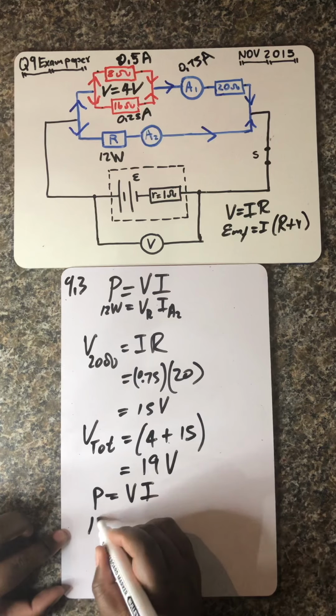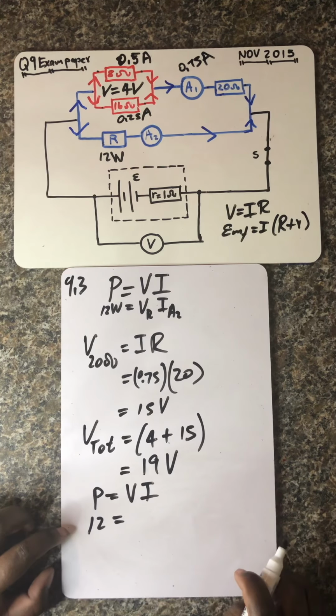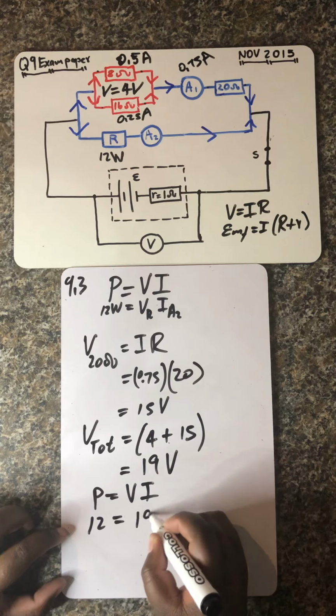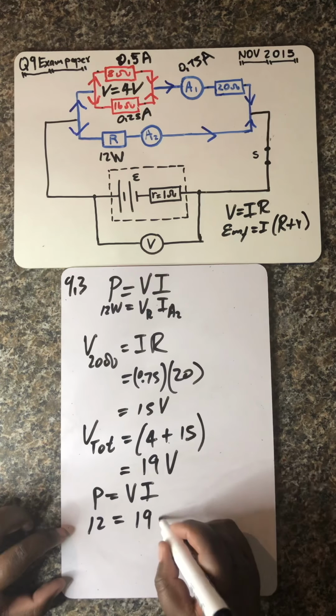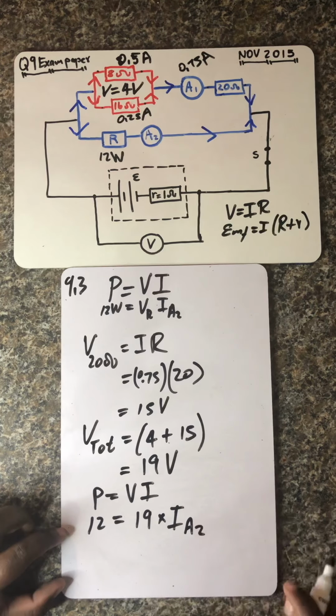So we know power is equal to 12. We're given that power as 12 watts, which is equal to V, which we just calculated, multiplied by the current flowing through ammeter 2.